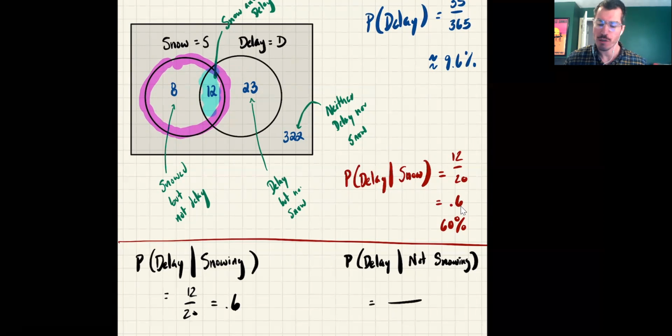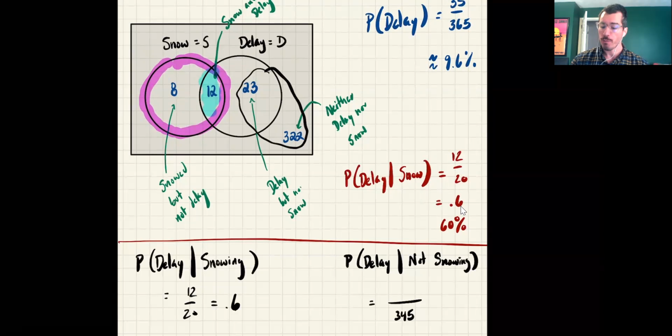Our total number of days where it wasn't snowing was 345. Of those 345 days, so I'm just taking a look at these 345 days when it wasn't snowing, how many of them were we delayed? We were delayed 23 of them. And so if we take a quick look at our calculator, we can see that that's happening 0.0667, or 6.67% of the time.